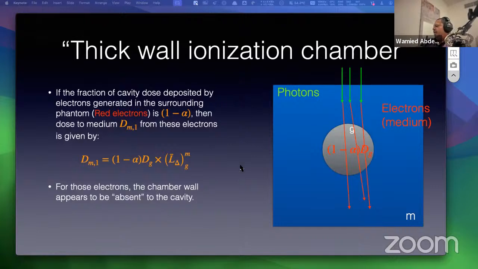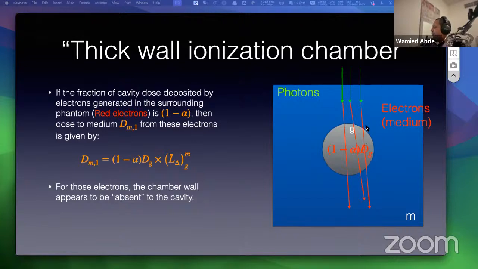We have these red electrons. For these red electrons, the wall is not present. They are generated outside, and as they penetrate through the cavity, they deposit dose inside the cavity, generating secondary electrons and so on. So for these electrons, we can use Spencer-Attix because this mimics small cavity theory.